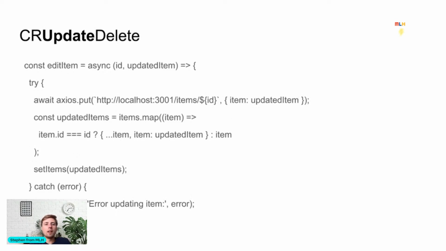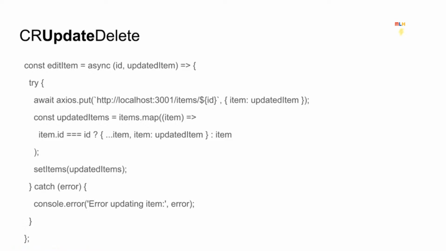Right. Our next aspect here is update. And in update, it was a little more complicated. We actually ended up having to put an if statement where I'm actually going to hide myself briefly here. We ended up putting in an if statement where you can see the logic is item ID equals ID.